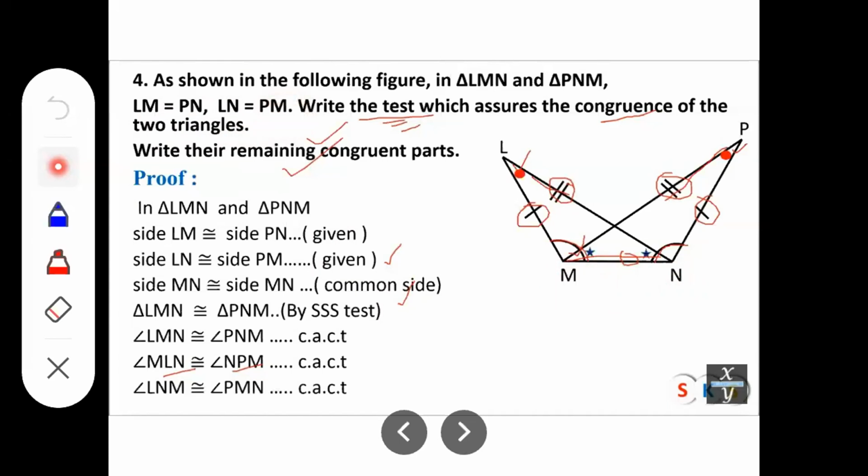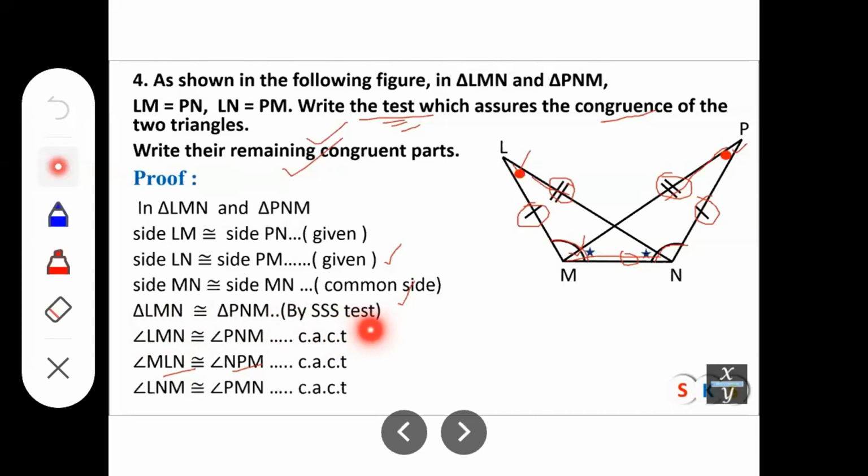So by the side test, both the triangles are congruent to each other by the triple S test. Triangle LMN is congruent to triangle PNM by the side test.